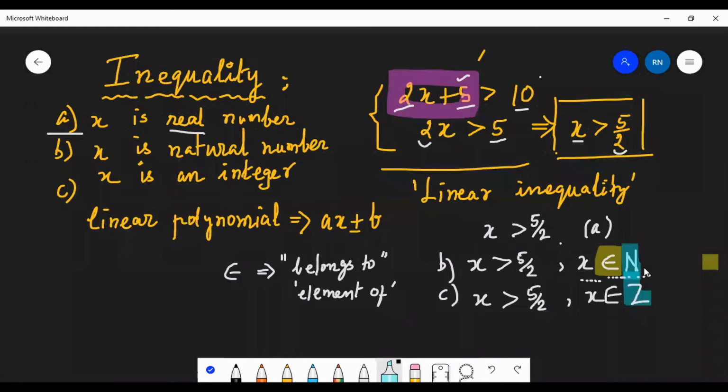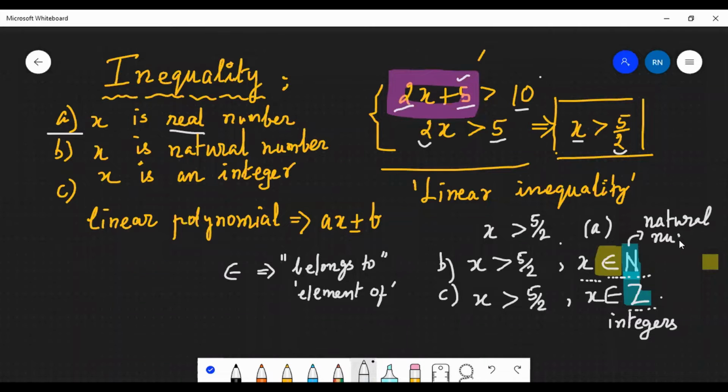What is natural number? Capital N. The uppercase Z represents the set of integers. Uppercase N stands for the set of natural numbers.